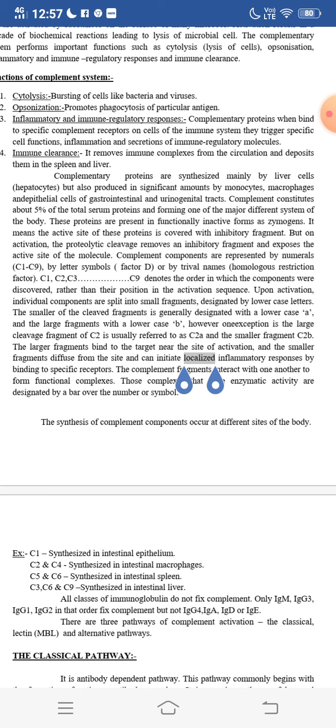The smaller of the cleaved fragments is generally designated with a lowercase a, and the larger fragments are denoted with a lowercase b.